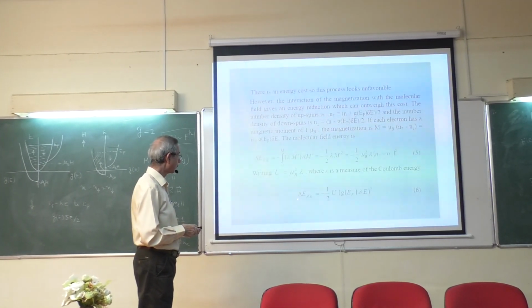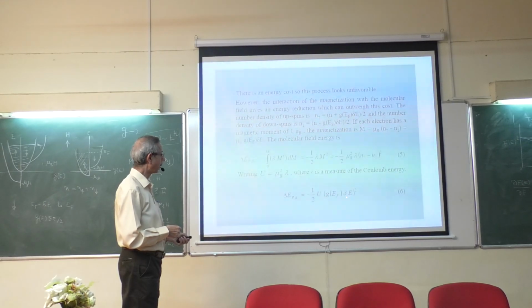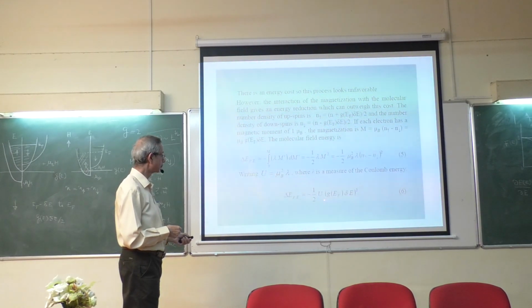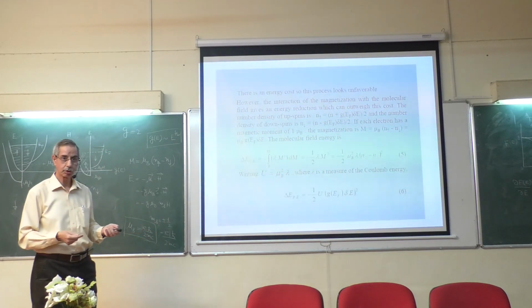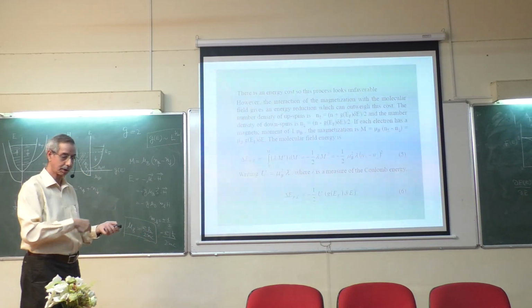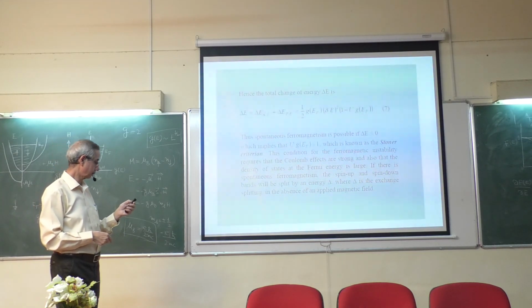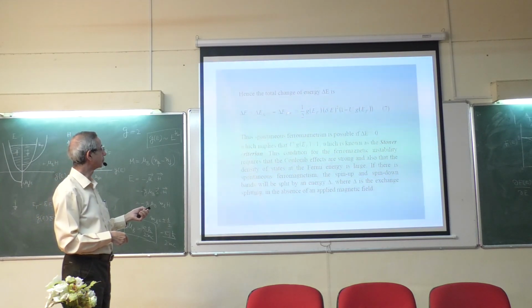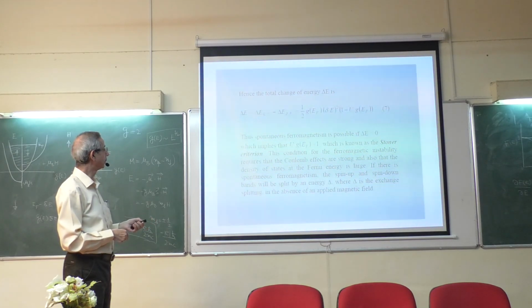Then this potential energy is nothing but 1/2, substituting for this, U times g(E_F) delta squared. The total energy should be the kinetic energy plus the potential energy, so now I have the form like this.